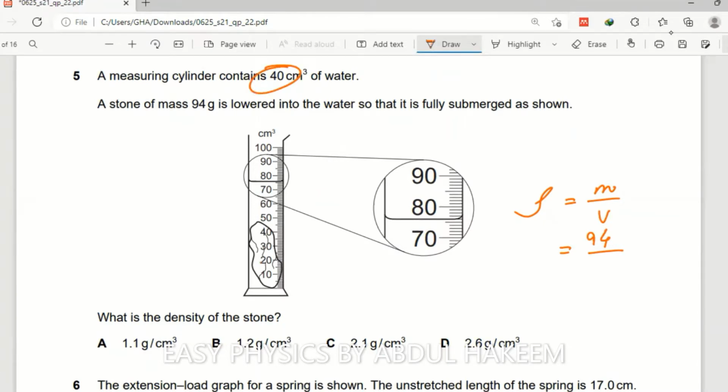When the object is dipped in it, the volume is 76. So 76 minus 40 is 36. So 94 divided by 36, you will get the answer 2.6. So this is the answer.